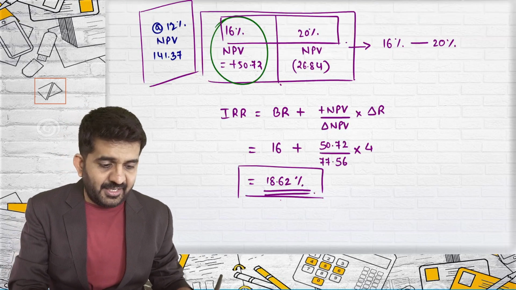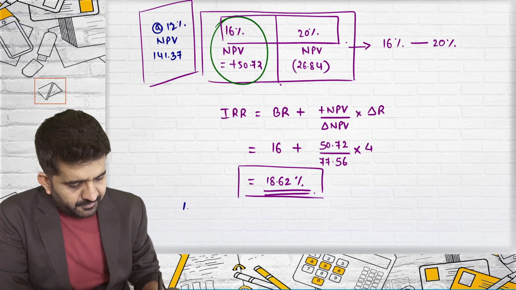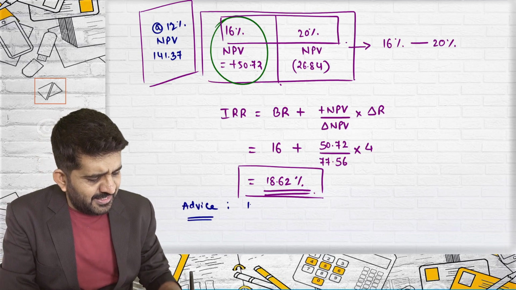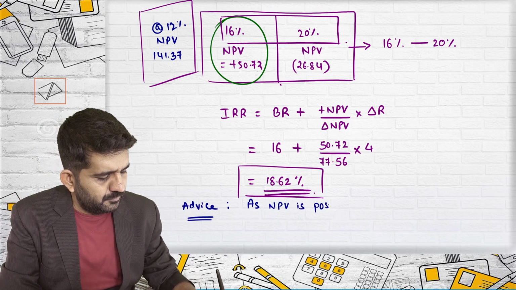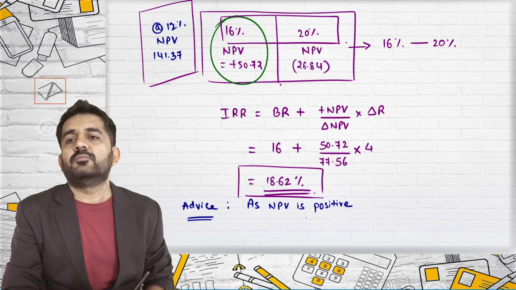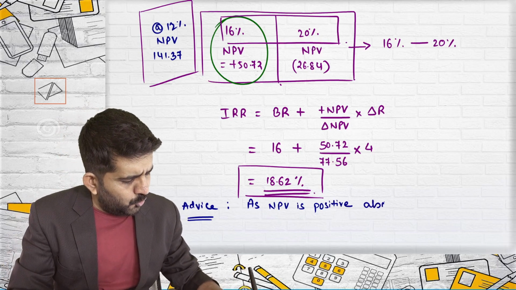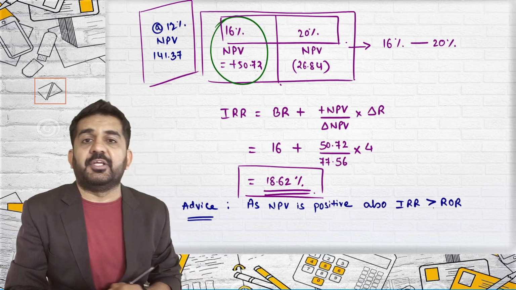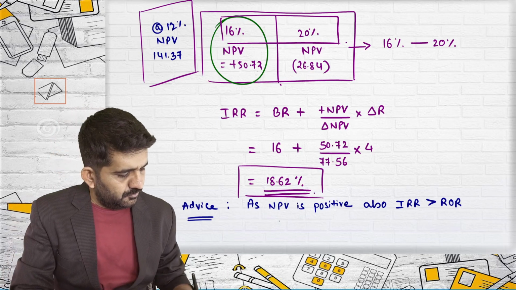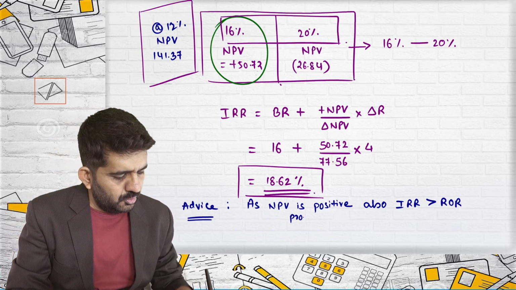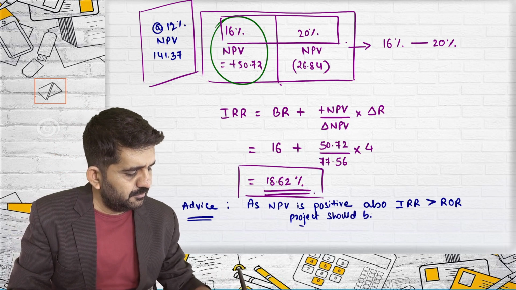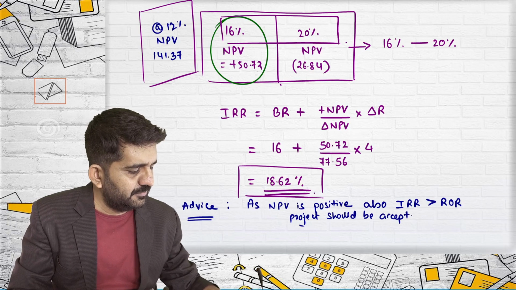All right. Please understand, they are asking us our advice. I will be writing advice specifically. Advice: as NPV is positive, also IRR is greater than required rate of return, project should be accepted.